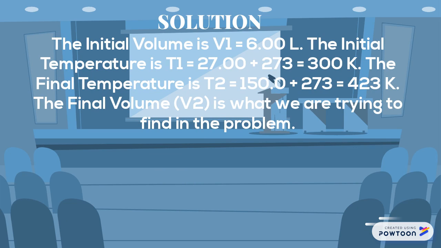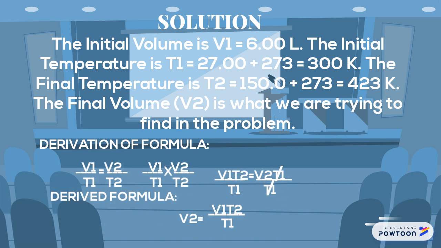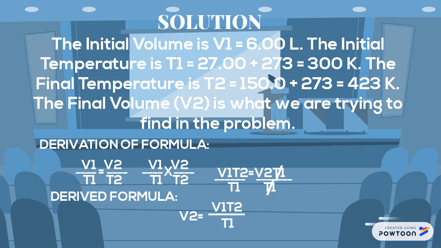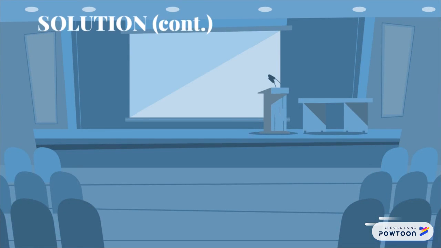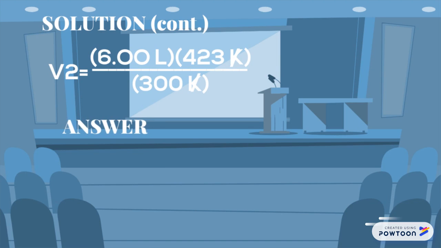The initial volume is 6 liters, the initial temperature is 300 Kelvin, and the final temperature is 423 Kelvin. We will see the derived formula below. Continuation of the solution. V2 equals 6 liters times 423 Kelvin all over 300 Kelvin, and the answer is V2 equals 8.46 liters.